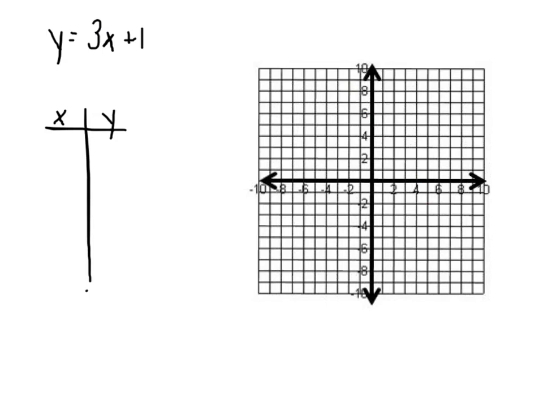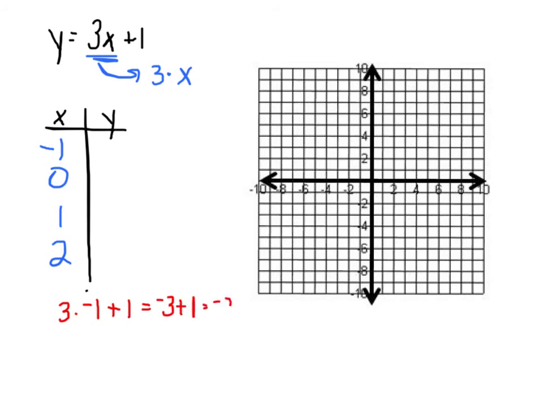Dealing with an equation, we have to do something to x. Remember, 3x means 3 times x. So let's let x equal -1, 0, 1, and 2, because these are some of the easiest values to use. So, if x equals -1, 3 times -1 would be -3 plus 1 would end up giving me -2.